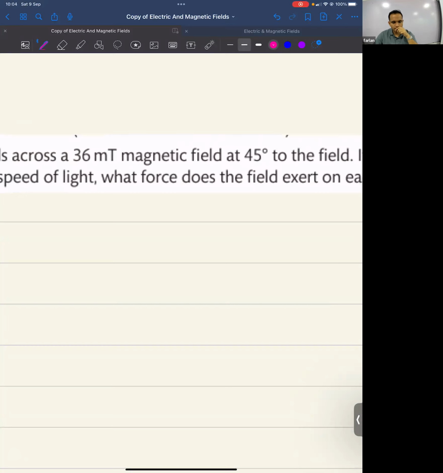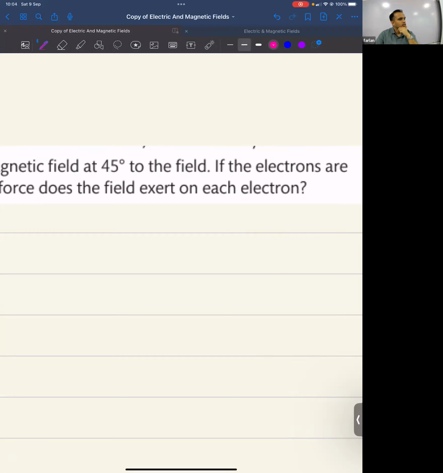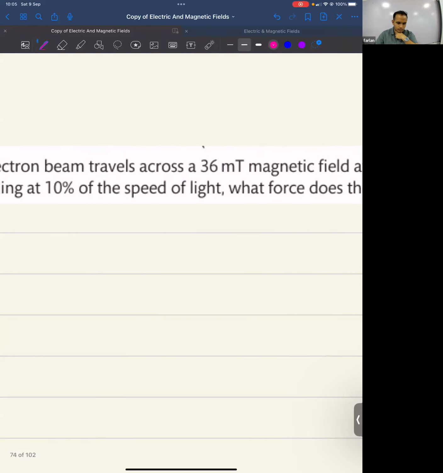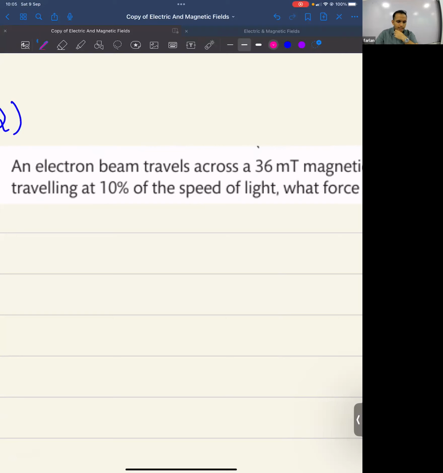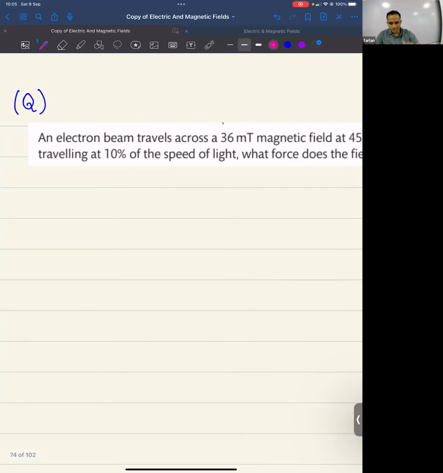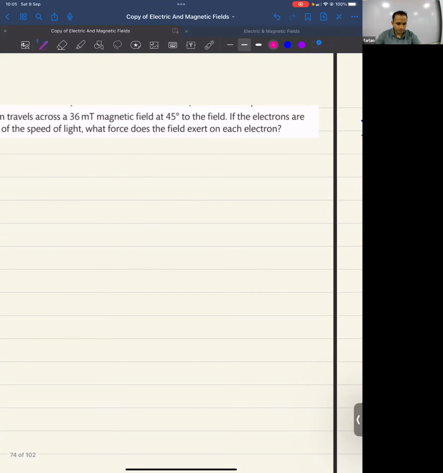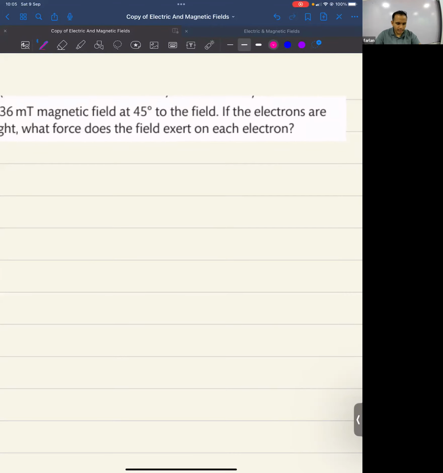If the electrons are traveling at 10% of the speed of light, what force does the field exert on each electron?